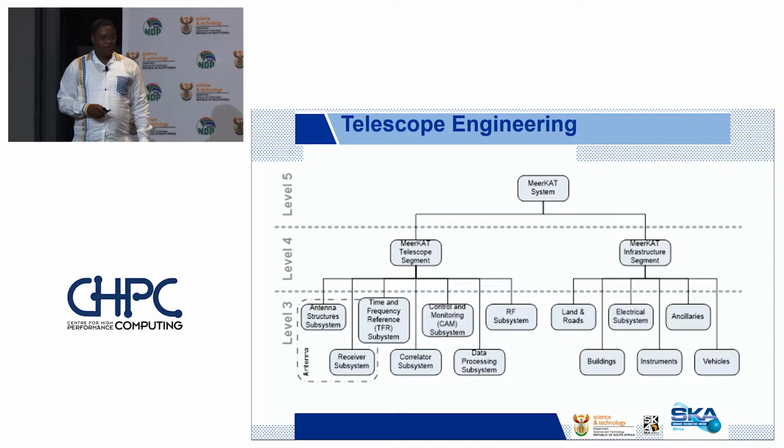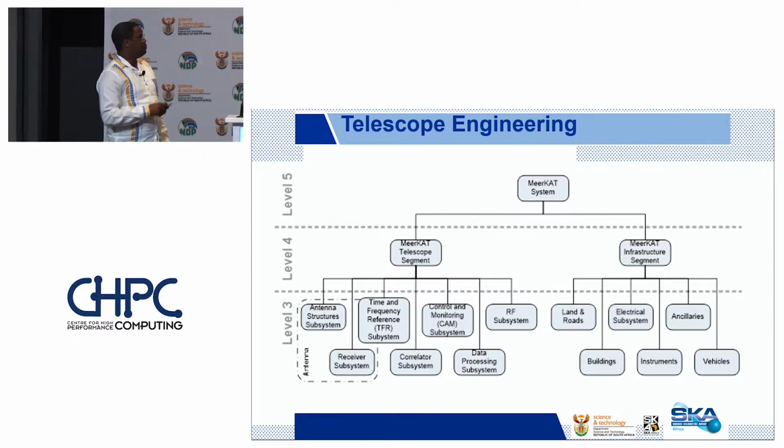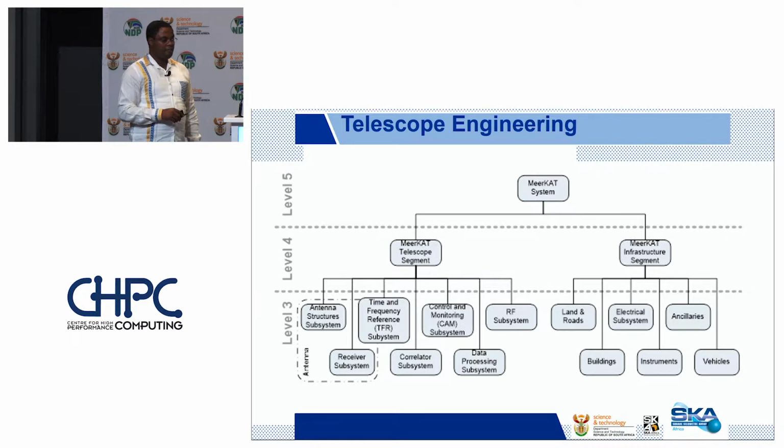And then, as an engineering project, you can see it was broken down into its several components. At the top, level 5 is what you call the MeerKAT system. If you know anything about systems engineering, this is a top-down, bottom-up kind of view of how the system is configured. In there, we've got 2 major groups.